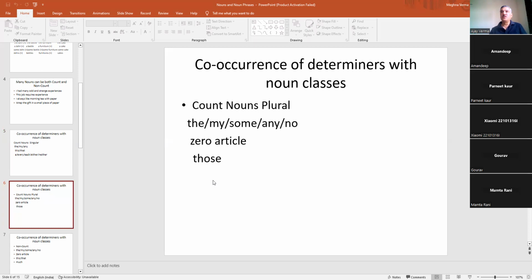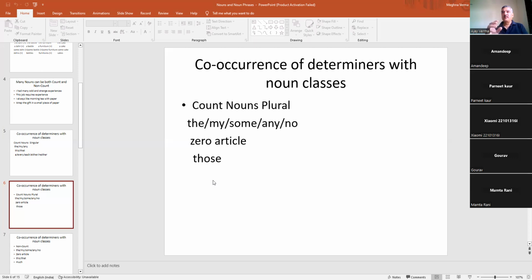They can be used with the. We can say the books, the windows, my, his, her. By my, I do not mean only one possessive.